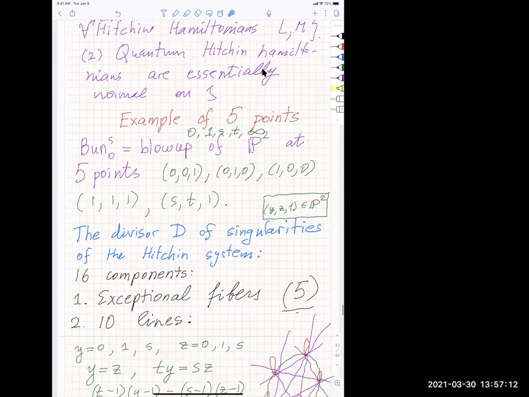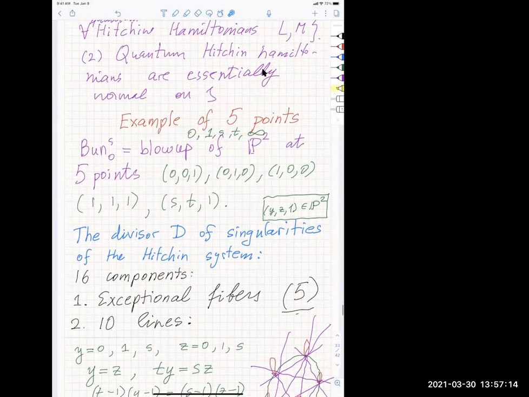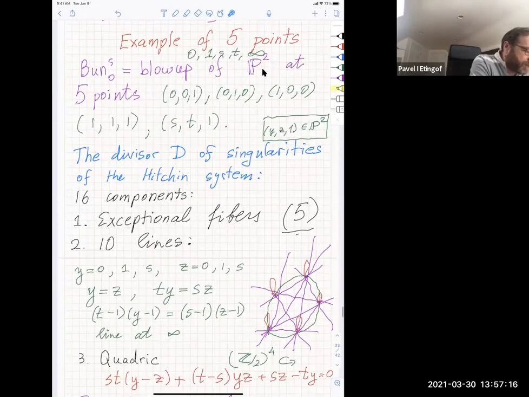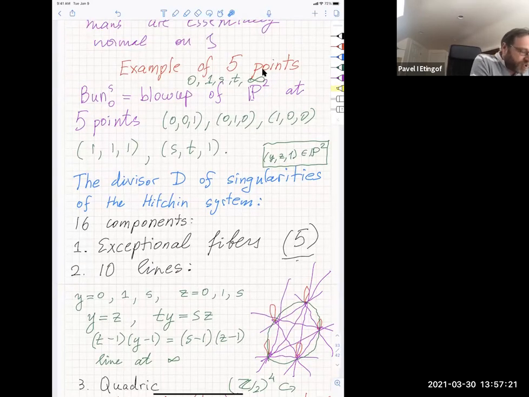Keep going. Okay, now let me explain what happens for 5 points, in which case you can calculate explicitly. So that's a very nice geometric picture. So you have this Ban 0, which is a blow up of P2.